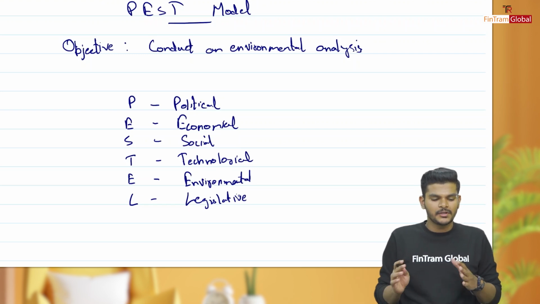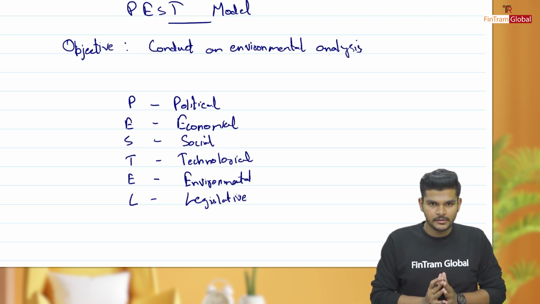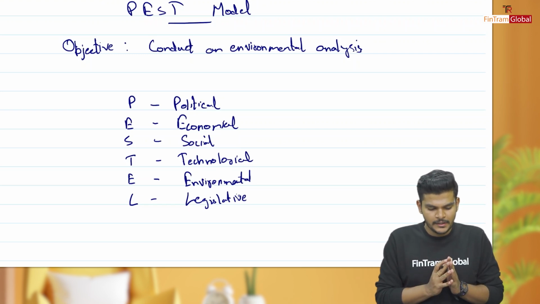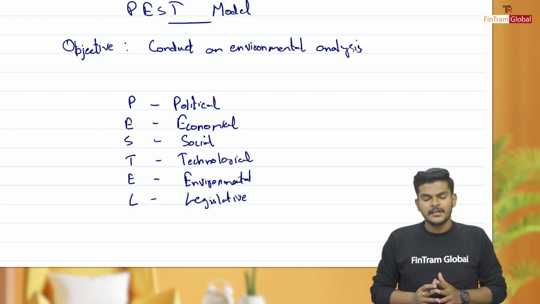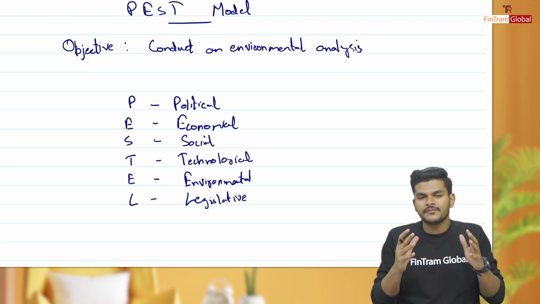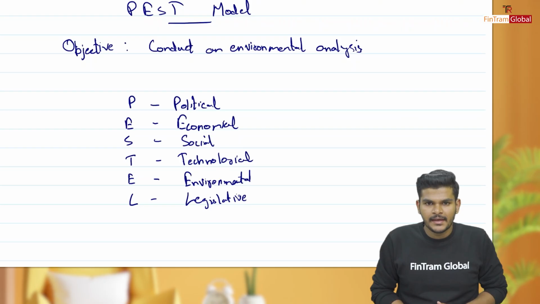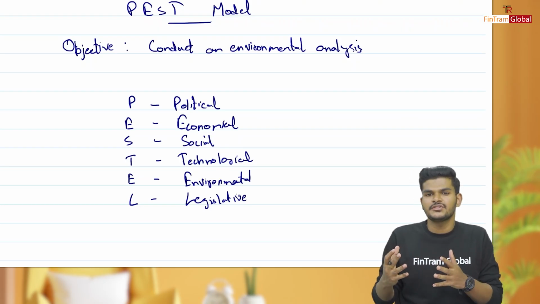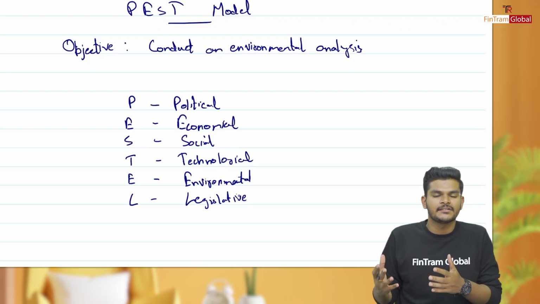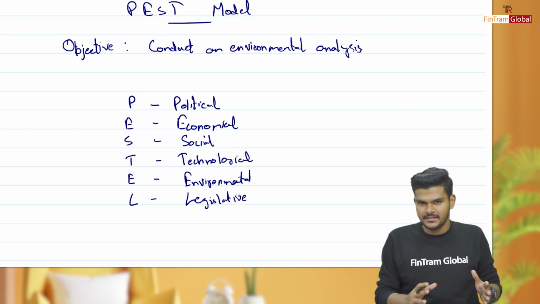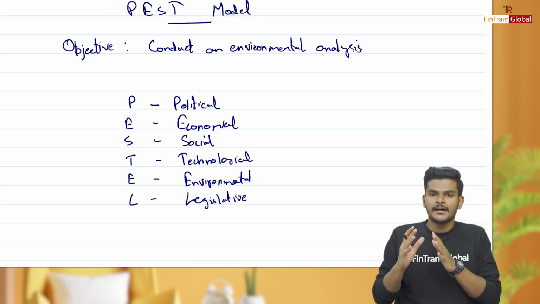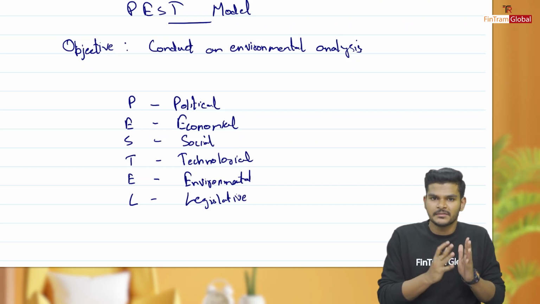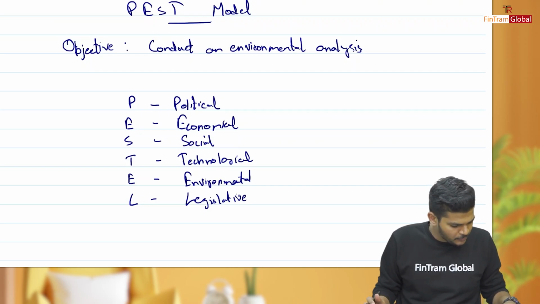All of these things come under this particular model, or this particular factor, I would say. So we look at all of these factors one by one and conduct an analysis to see if there is any change or any event that has caused an impact on the organization, right? This is how we conduct the environmental analysis using the PEST model. Simple as that.